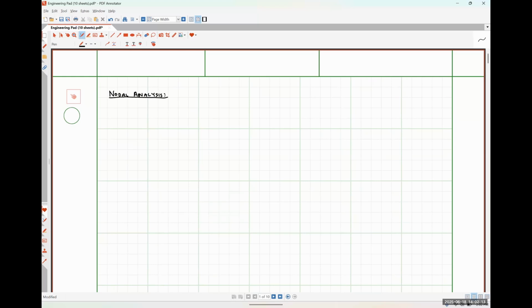So the first problem that we're going to work is only going to have current sources in it, so no voltage sources. And voltage sources cause a little bit of a hiccup. So we're going to learn how to address the presence of voltage sources after we get some level of understanding of the basics of nodal analysis.